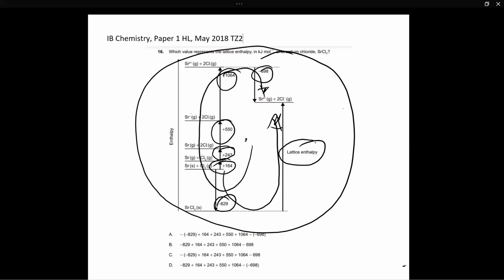Now, in order to calculate lattice enthalpy, I'm just going to name this variable x because we don't know what it is. And what we do know is that clockwise values should equal anti-clockwise values.